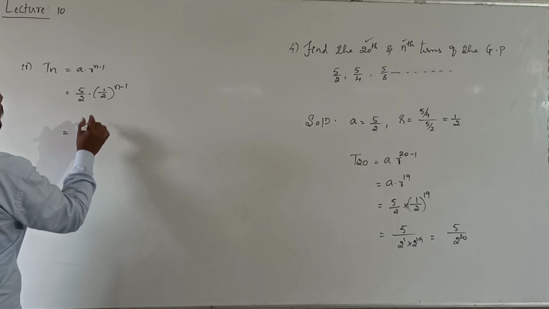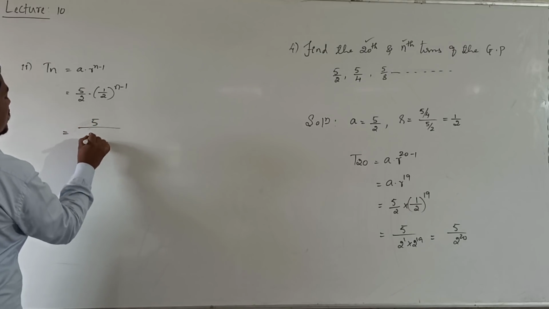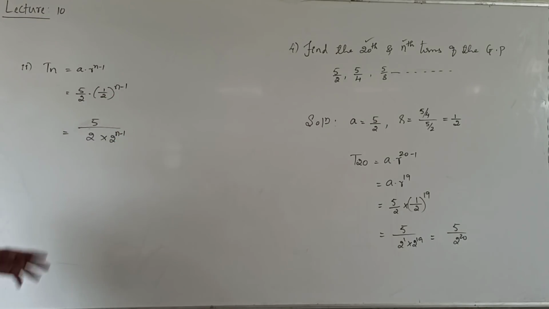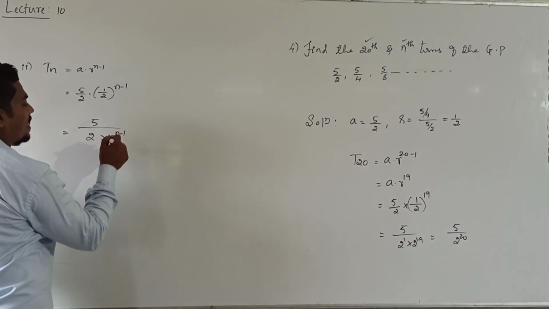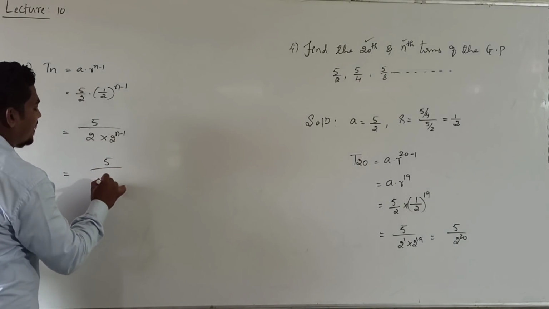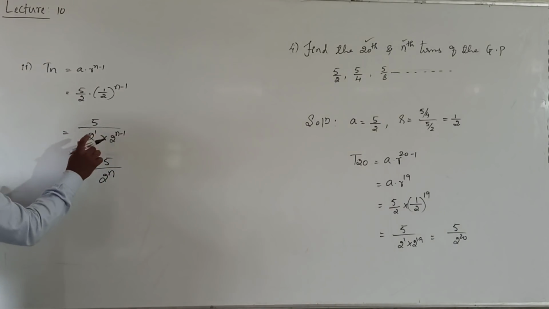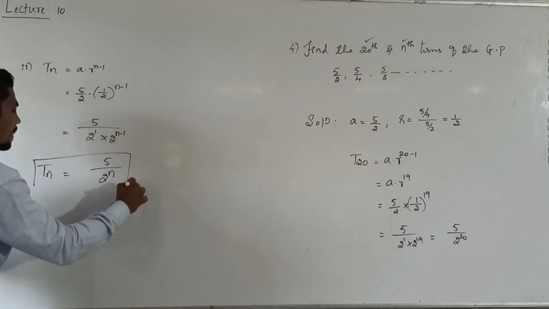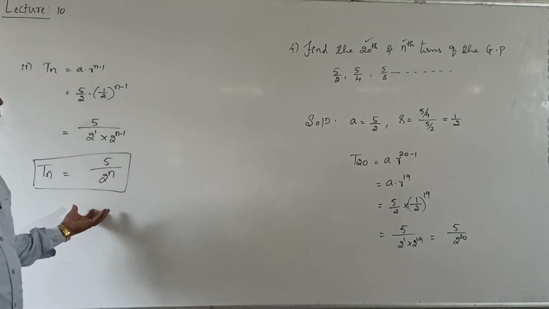Then 5 divided by 2 into, 1 divided by 2 whole thing power n minus 1 means 1 divided by 2 power n minus 1. After that 5 divided by 2 power n, because a power m into a power n form. This is our nth term.